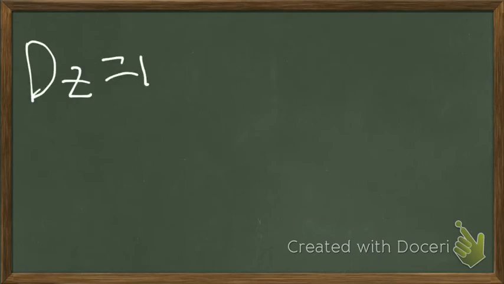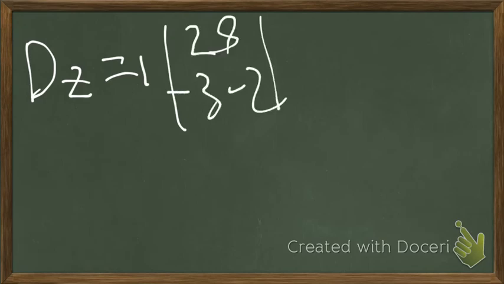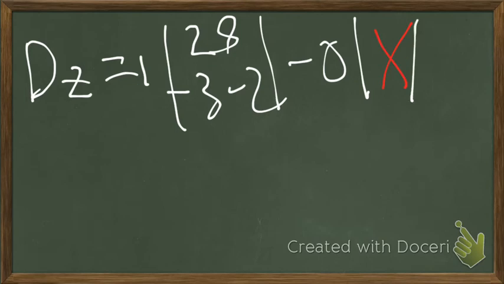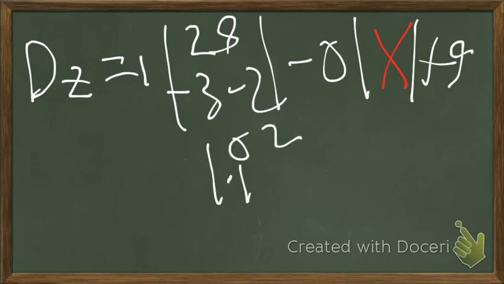You'll have one with 2, 8, negative 3, negative 2 in the bars, minus 0, and we know that anything with 0 will just be 0, so we'll cross that out. And then we'll do plus 9 times 0, 2, 4, negative 3. And then we continue with the solving on the next page.